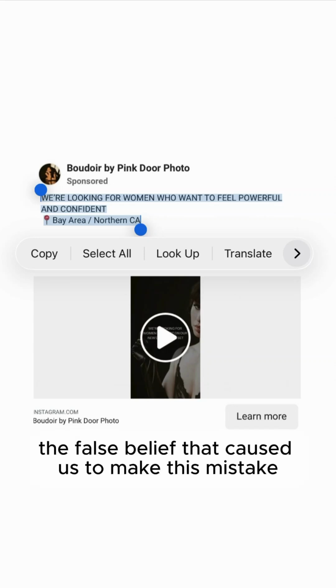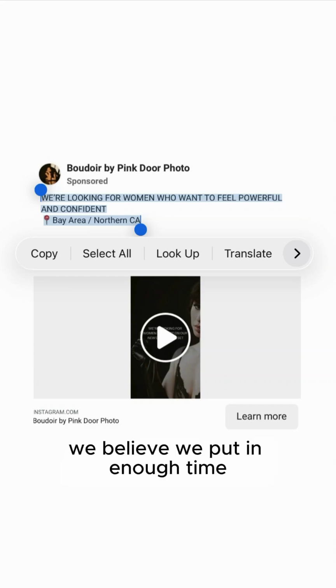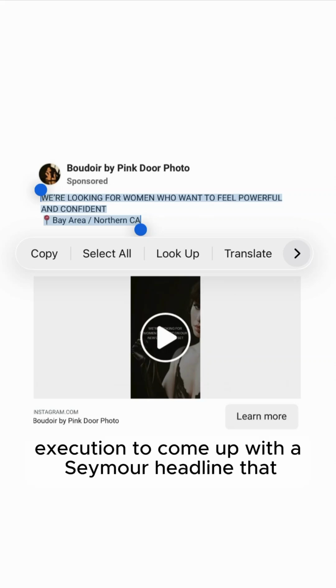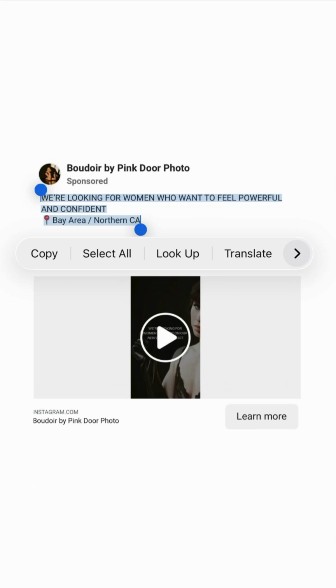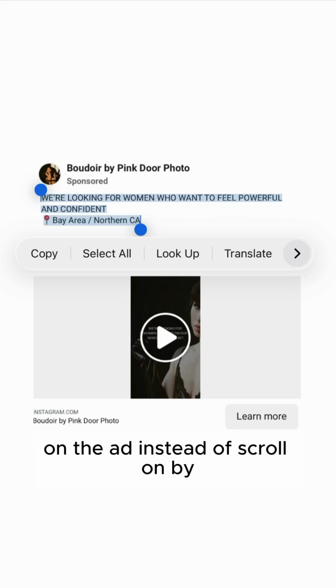lack of context mistake. The false belief that caused us to make this mistake is that we believe we put in enough time and enough planning and execution to come up with a See More headline that will have women stay and click somewhere on the ad instead of scroll on by.